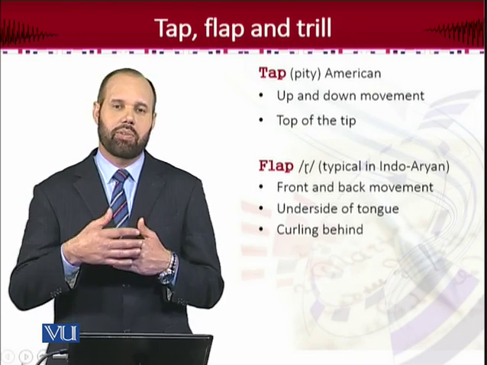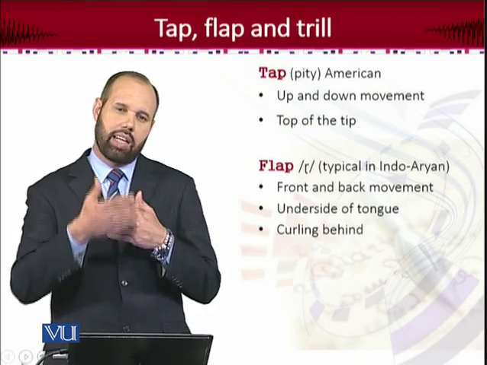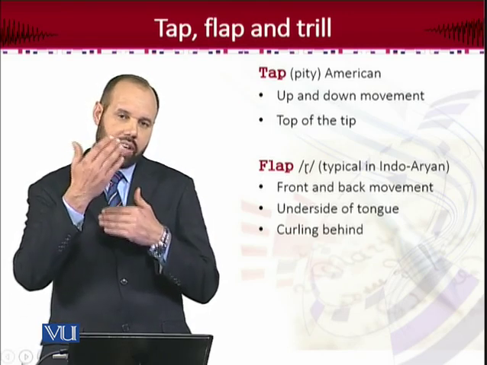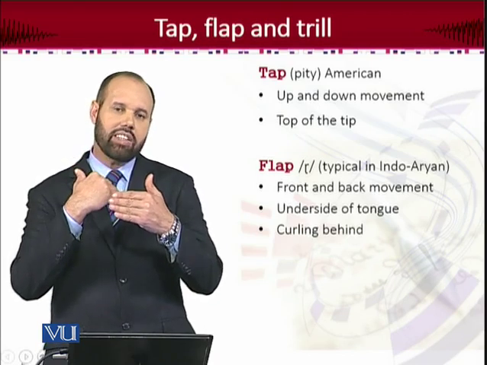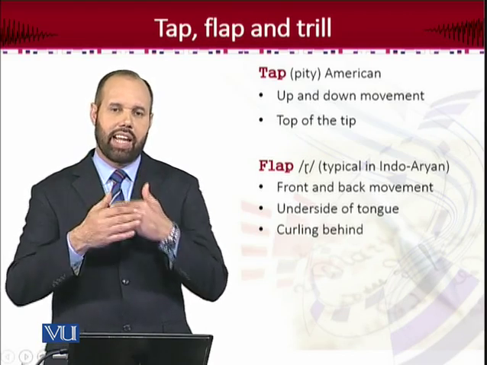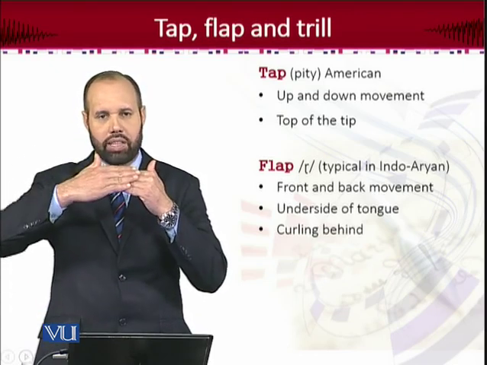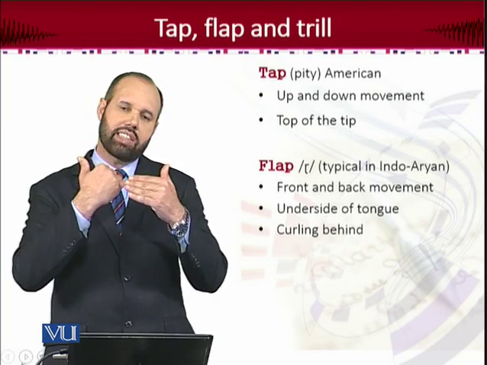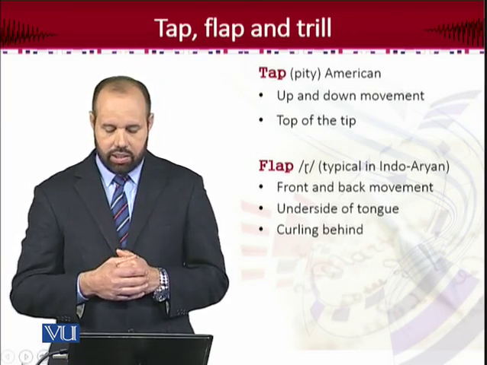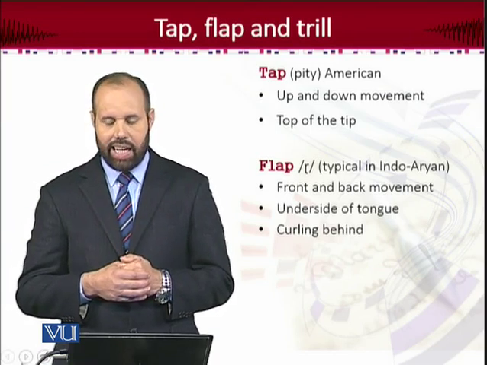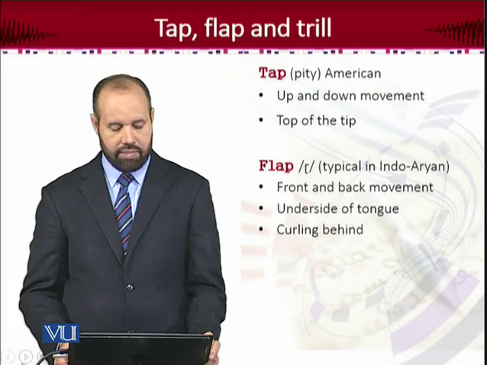Okay, so when you set your tongue in motion, then your tongue is curling behind. Okay, this curling behind, and the movement is from the back side towards the front side, right? Like in the case of tap, it was the up and down movement. But in the case of flap, it is from the back towards the front, and it is from the underside of the tongue, and it's curling behind. Okay, so that's the difference between tap and flap.